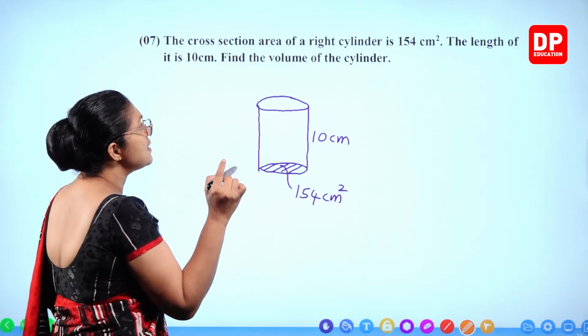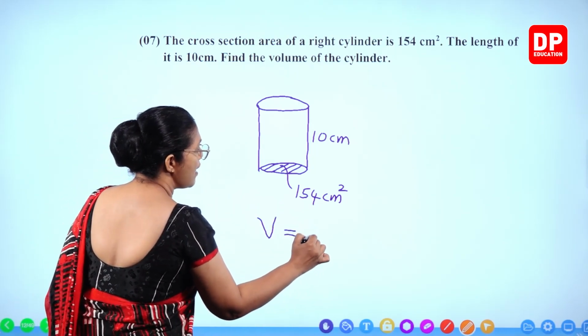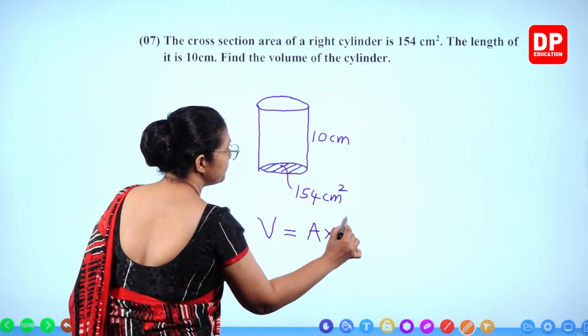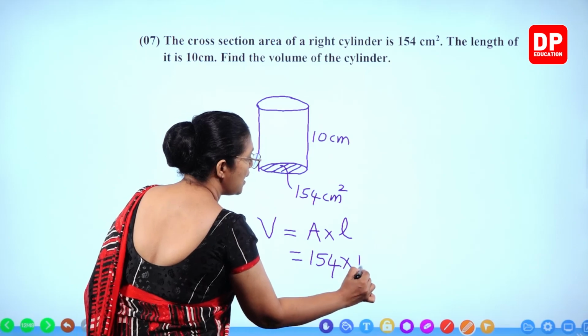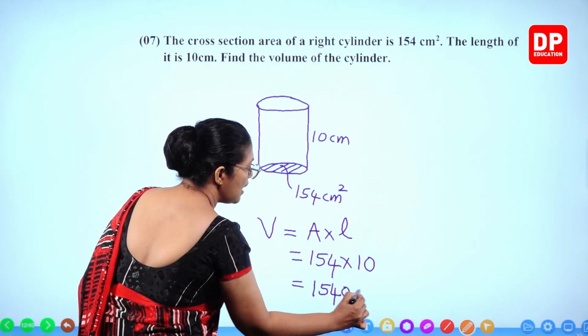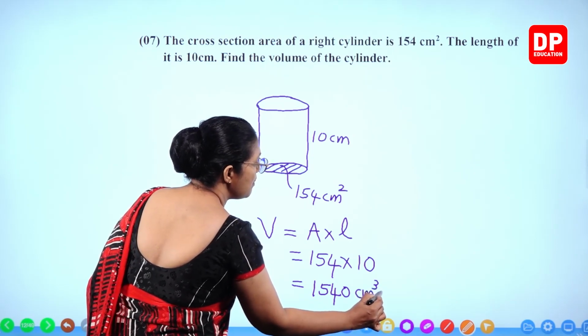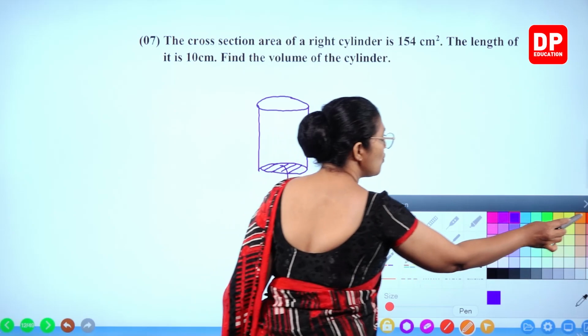Find the volume of the cylinder. So how do you find the volume? Cross-sectional area into length. So 154 times 10. You get 1540 cubic centimeters. So you get 2 marks for that.